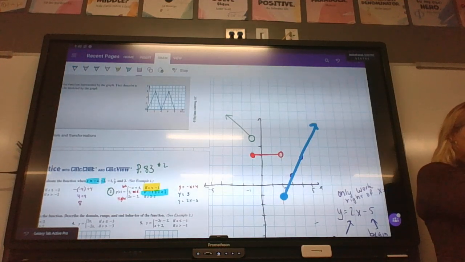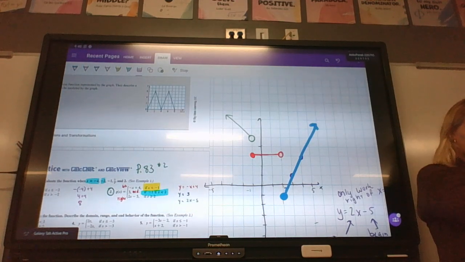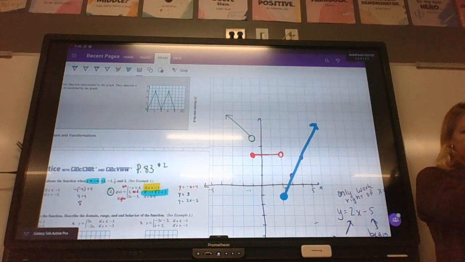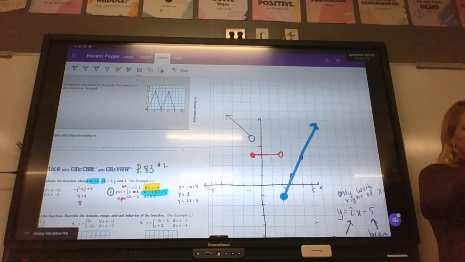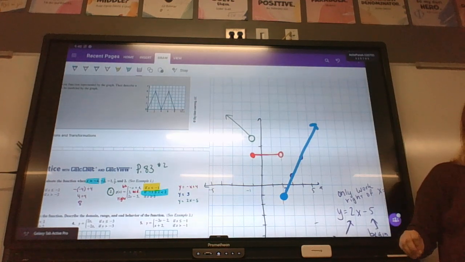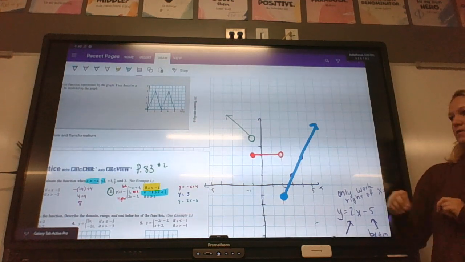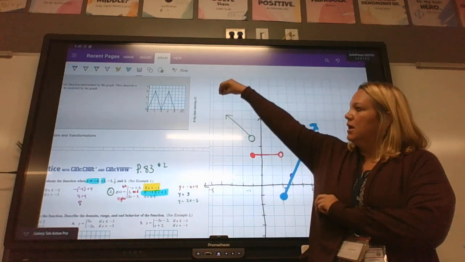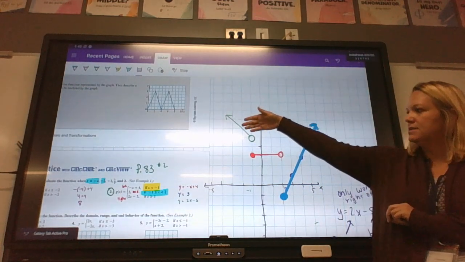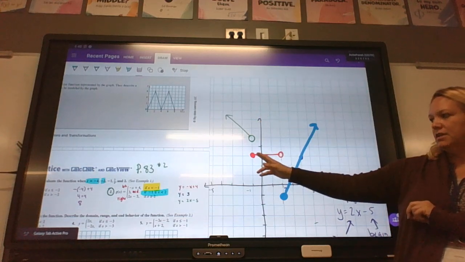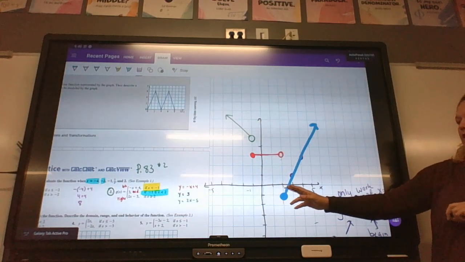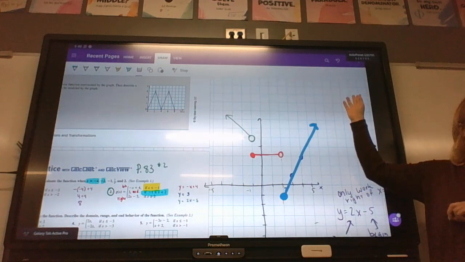Other good questions, what you're looking at. Okay, so what I see is this game on my phone where I drop balls and the marble has to fall a certain way, and that's what this is. So if you picture a ball falling here, it's going down a certain steepness. It drops here, and then it's rolling flat for a little bit, and then it drops here, and then it has to shoot uphill. That's what you're looking at.